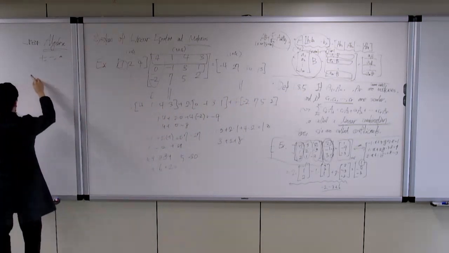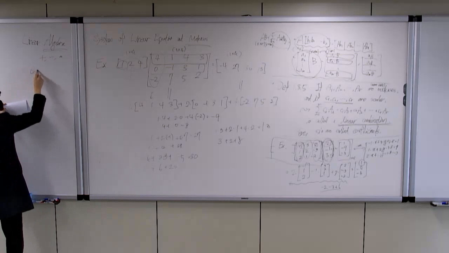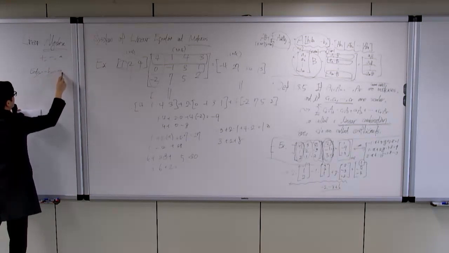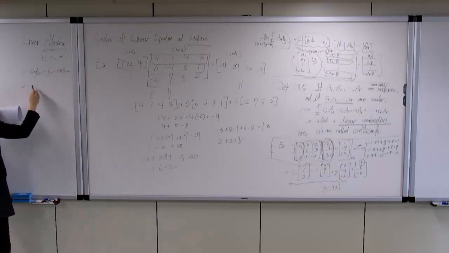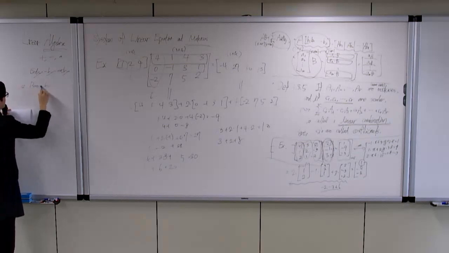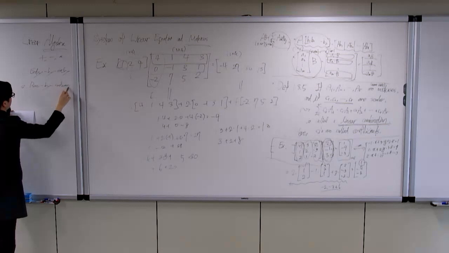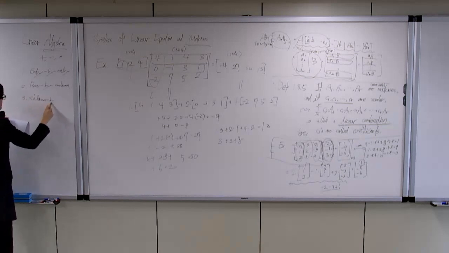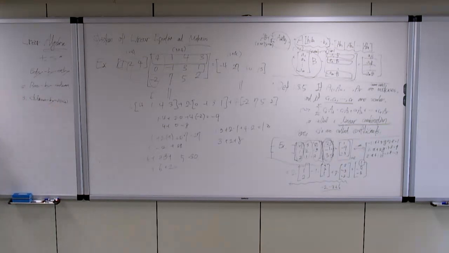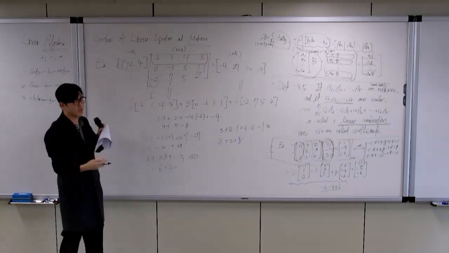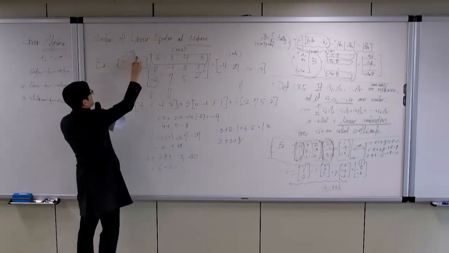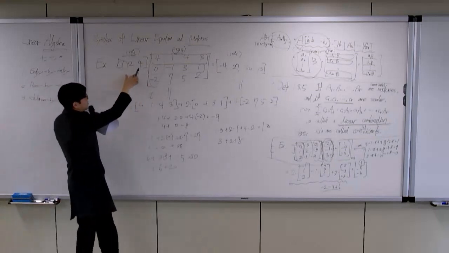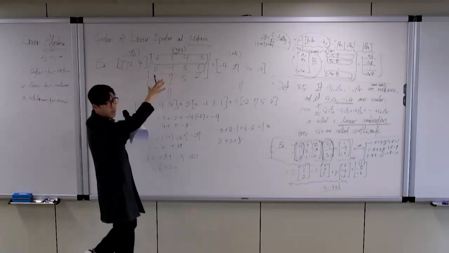So we see the 3 types: entry by entry, and row by column, and column by row, and we calculate the size of the matrix by corresponding the number of rows and the number of columns.